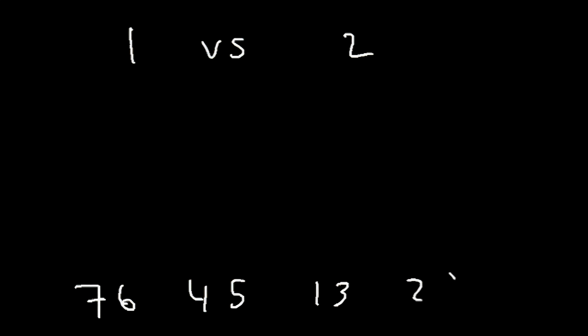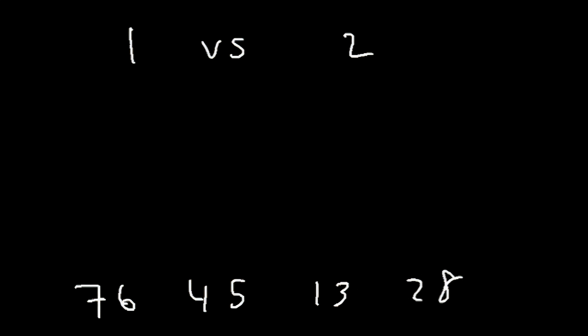Now, what about, let's say, group 1 versus group 2? Notice the numbers 76, 45, 13, 28. If you add an electron to a group 1 element, it's going to be exothermic. But if you add it to a group 2 element, most of them are endothermic.